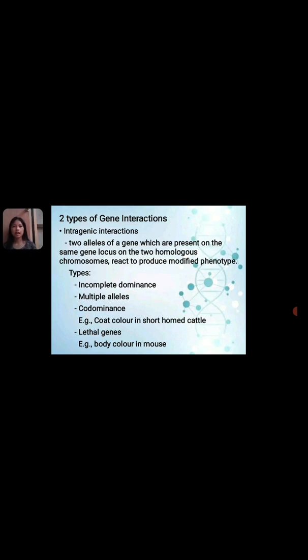Codominance is when both alleles dominate equally and express both their phenotypes at the same time without getting mixed up.